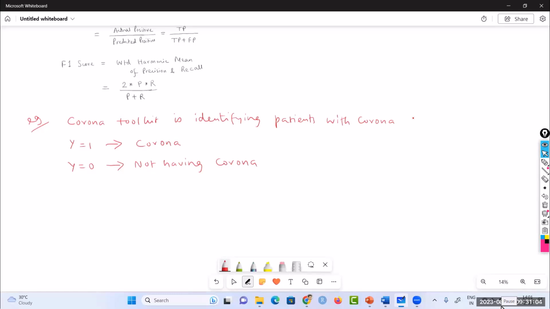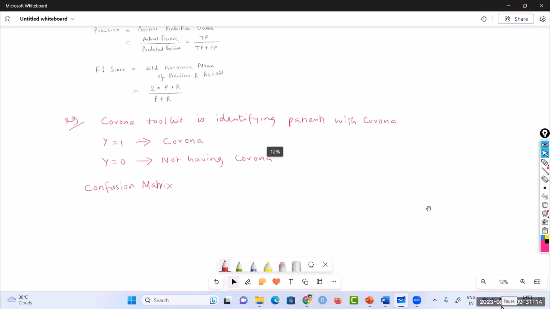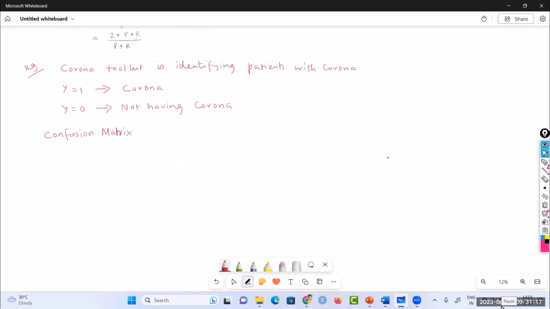So here, coming to this confusion matrix. So actual y equals 1, y equals 0 and predicted y equals 1, y equals 0.